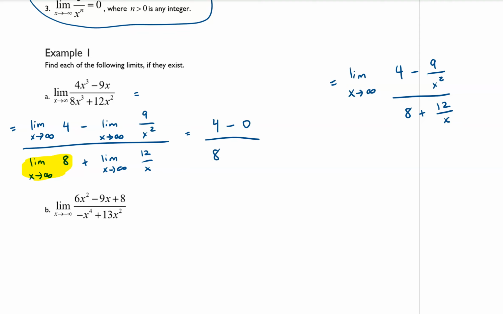So I can just put 8 like that. And then lastly, here we could use property 2 again from above, and x is going to get very large, so that thing just basically goes to 0. So that becomes 4 over 8, which is equal to 1/2. So that is our overall limit.